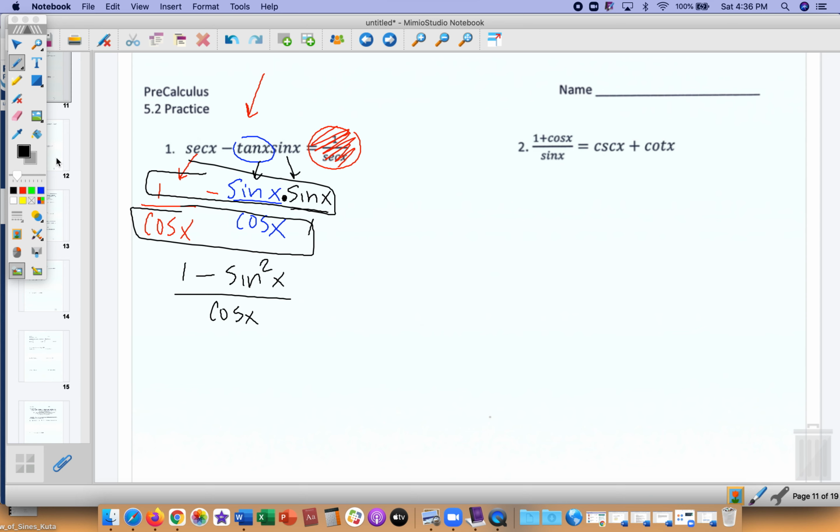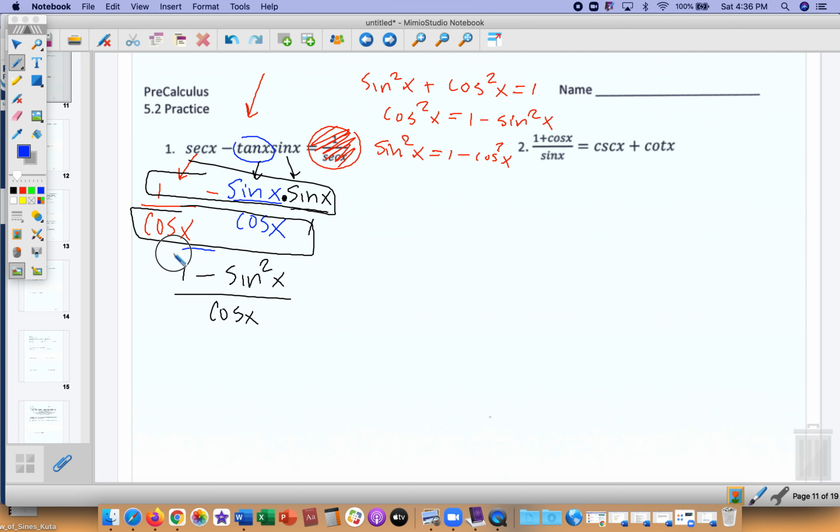Now when we see ones and squared terms, we want to think about our identities. I know that sine squared x plus cos squared x is equal to 1. So cos squared x is equal to 1 minus sine squared x, and sine squared x is equal to 1 minus cos squared x. That will come in handy.